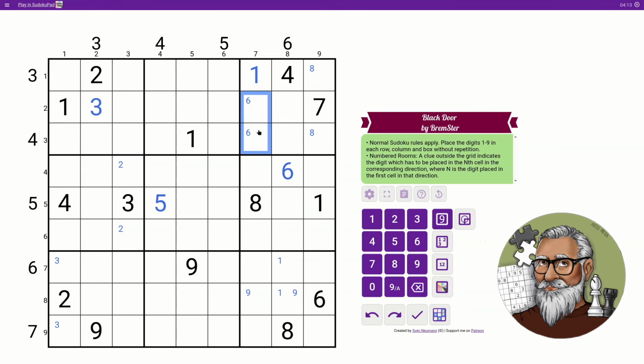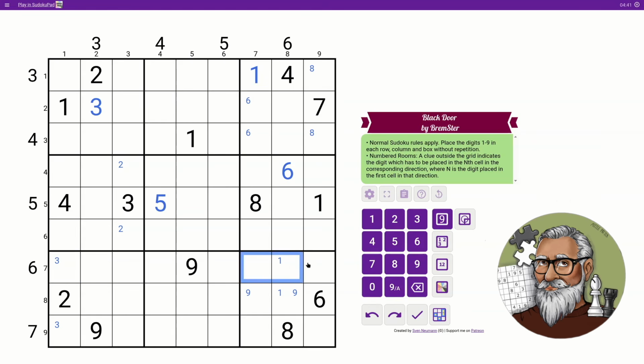Right. What else? Okay, this digit here, it can't be 1 and it can't be 6, we know that already.